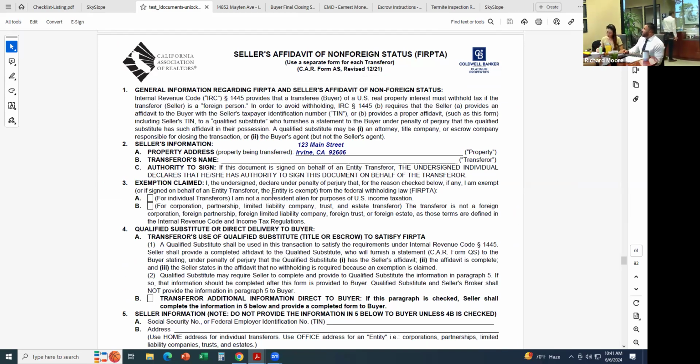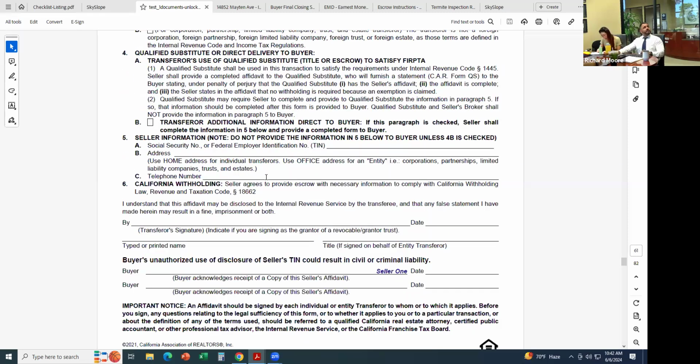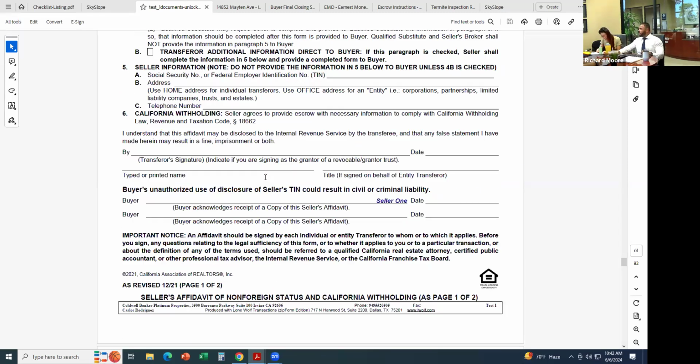If you're a foreign owner of the property, you're not a citizen here, then they're gonna just take taxes out of the transaction. Yeah. But for most cases, you're gonna use this. Oh, okay, got it. So the seller property questionnaire is from the listing side. Yes.